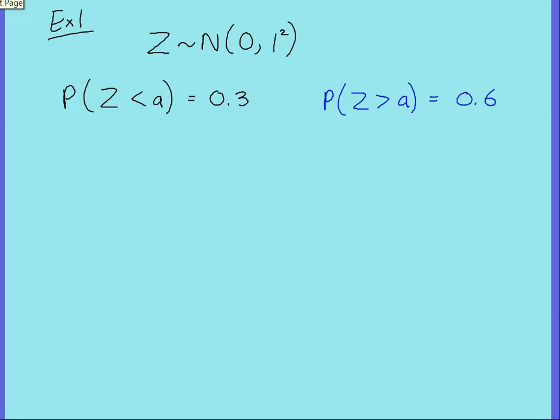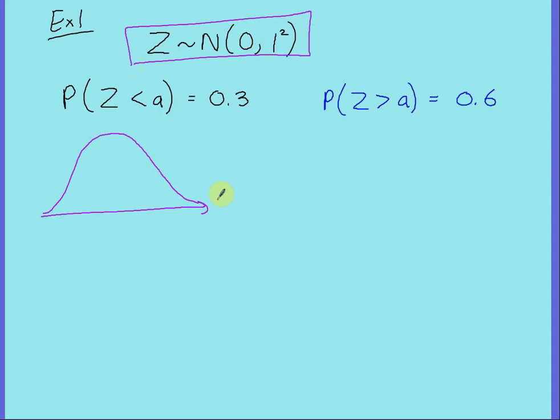One more. So this is a little bit more complex now. We begin to use our calculators. So this time we're told a standardized normal distribution. So let's just draw a picture real quick. So the mean is 0, and it's saying, well, what is this value here? What could it be?